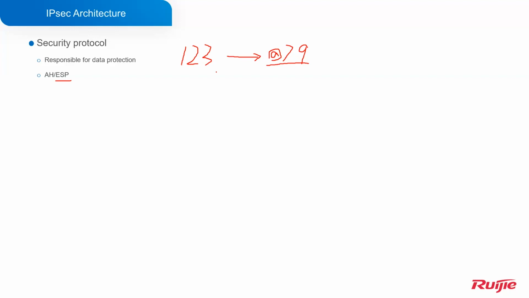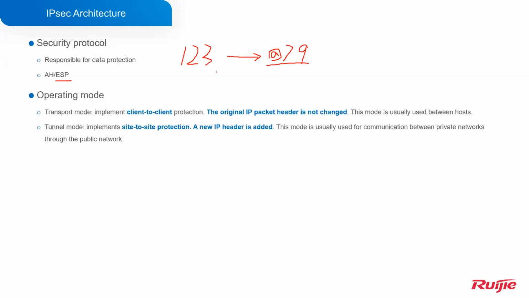We have to use a security protocol. The second one is the operating mode. About the operating mode, we have two parts: transport mode and tunnel mode. The transport mode is usually deployed for client-to-client protection. That means the tunnel will be established directly between the terminal and the terminal, and the original IP packet is not changed.